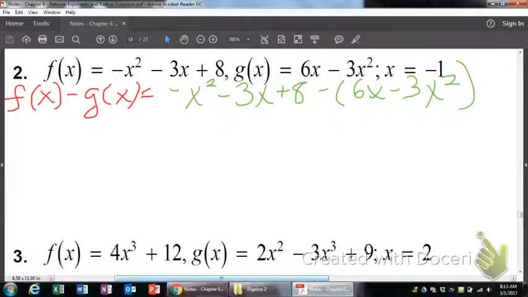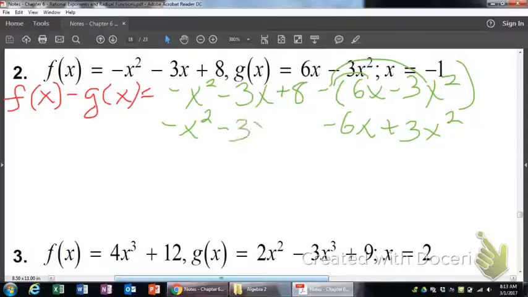First thing you need to do is distribute this negative sign to your g of x term, meaning you now have minus 6x plus 3x squared. Then the negative x squared minus 3x plus 8 come down.